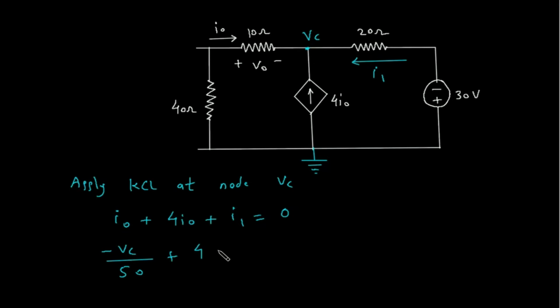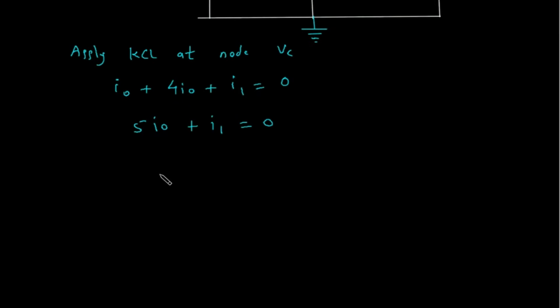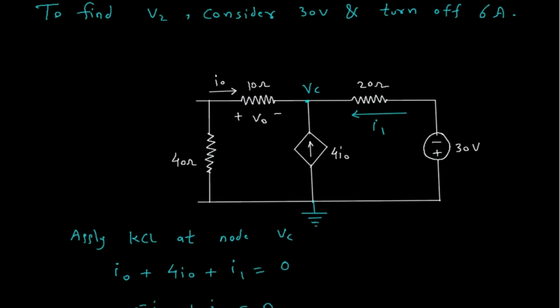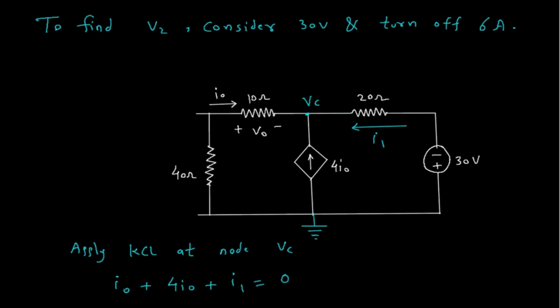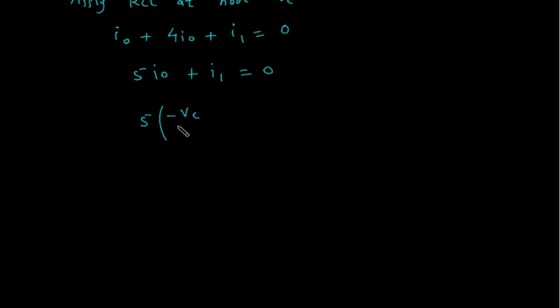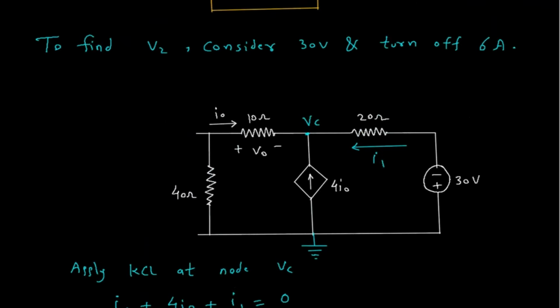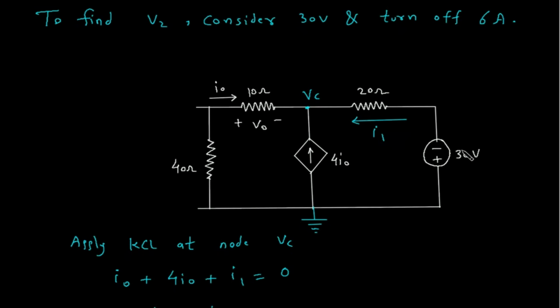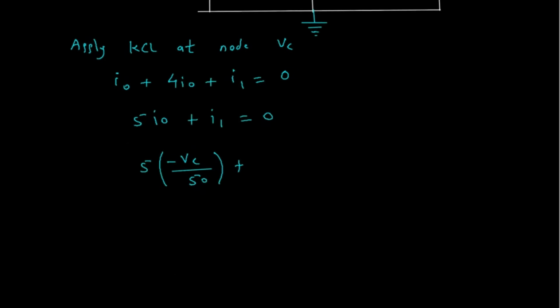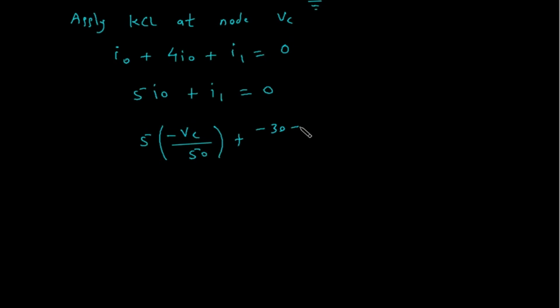Directly we will write, this will be 5I0 plus I1 is equal to 0. So 5 into I0 is 0 minus VC by 50, plus I1. Now I1 is equal to minus 30 because the polarity is opposite. So minus 30 minus VC by 20 is equal to 0.